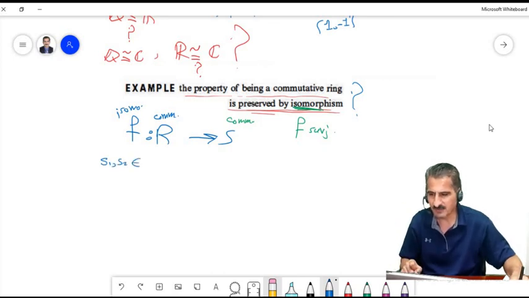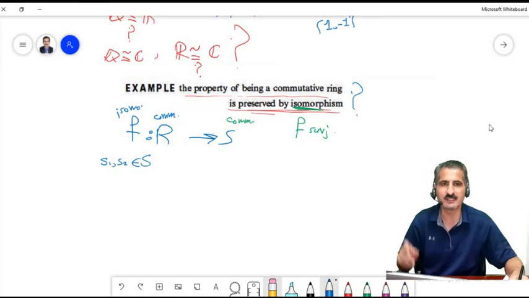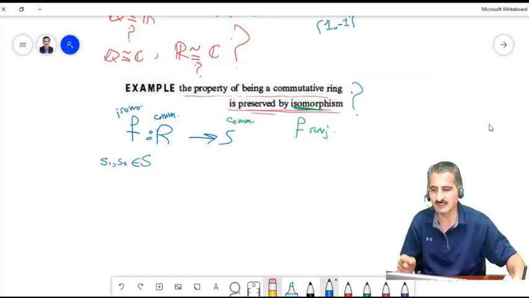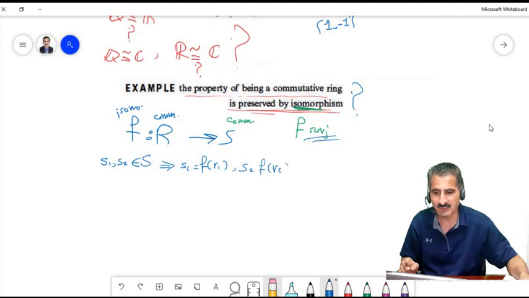Let s1, s2 belong to S. We want to show that s1 s2 equals s2 s1. Since f is surjective, s1 equals f(r1) and s2 equals f(r2) for some r1, r2 in the ring R.